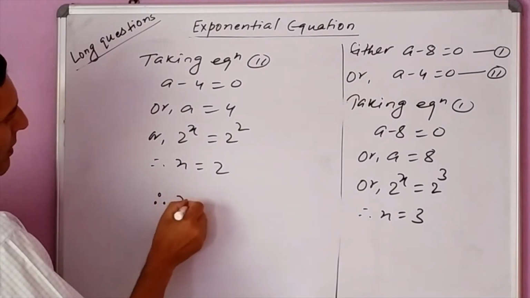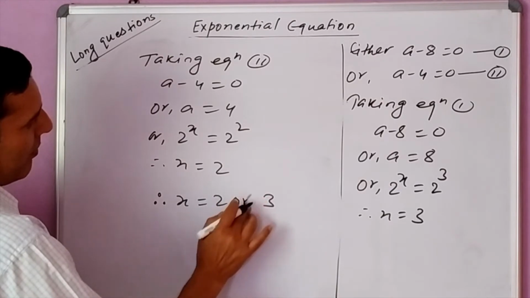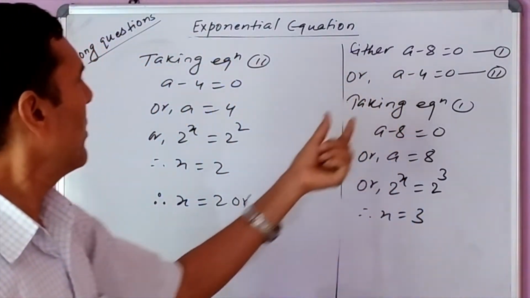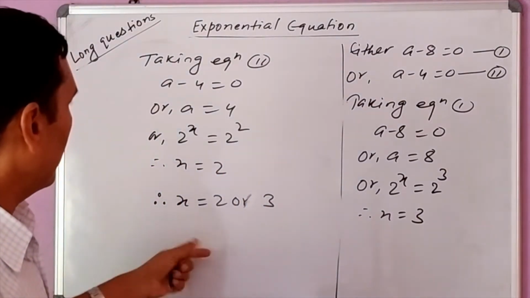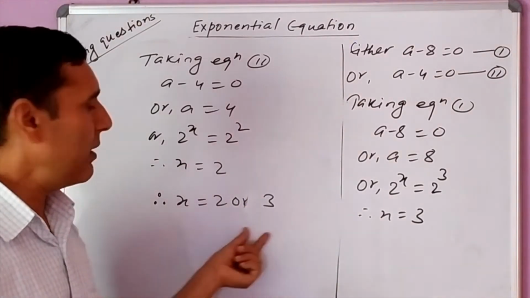Therefore x is equal to 2 or 3. Because from equation 1 we get the value of x is 3, from equation 2 we get the value of x is equal to 2. So we got two values of x, one is 2, one is 3. So this is the required answer.